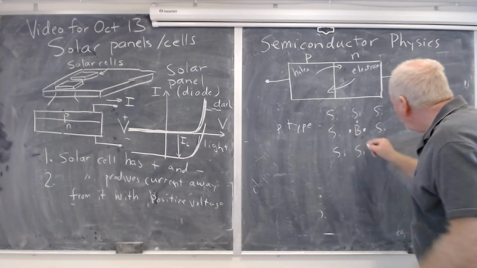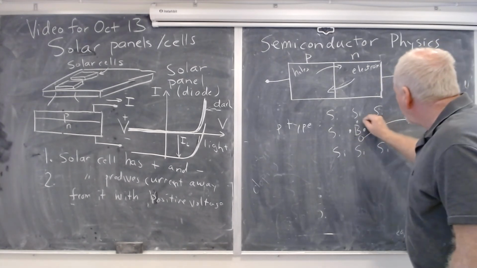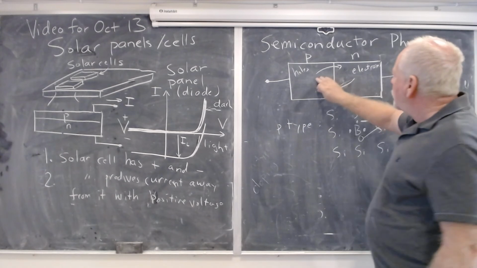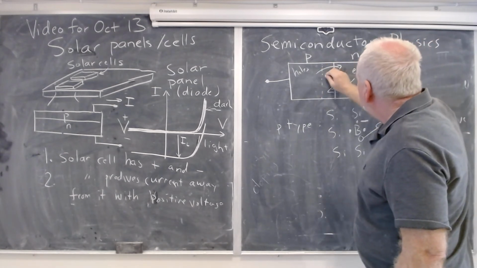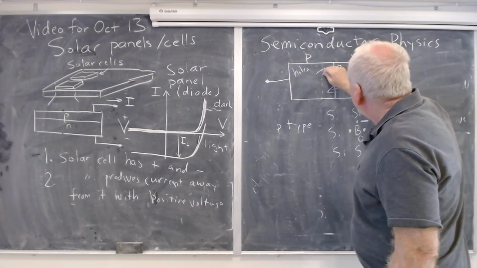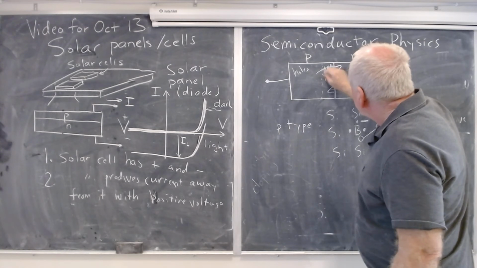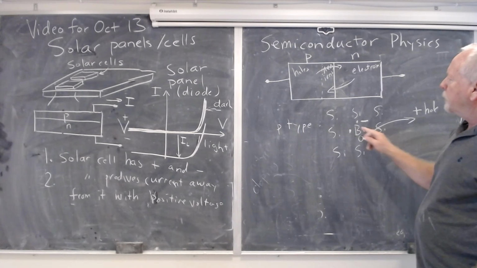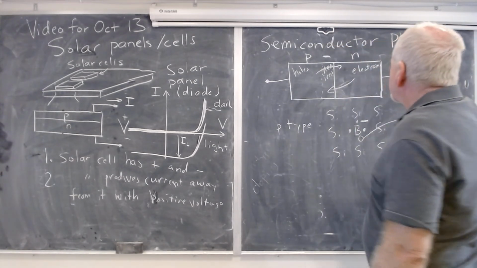But when the hole left it, it became negatively charged because a positive hole left. And so when these holes leave, you start getting what's called a space charge layer on this side of negative ions, meaning the negatively charged boron, if that was your dopant over there. We're going to designate that with a minus sign.